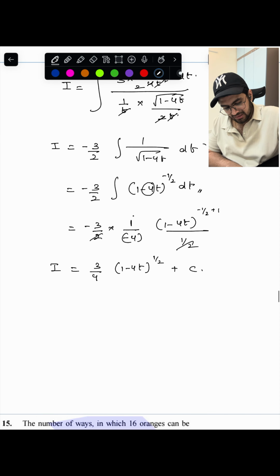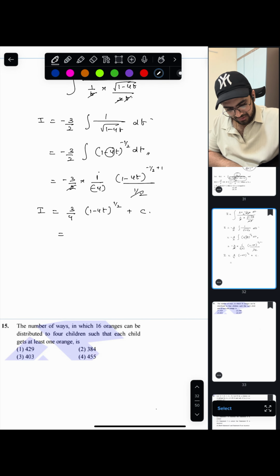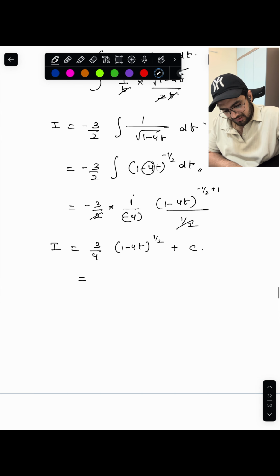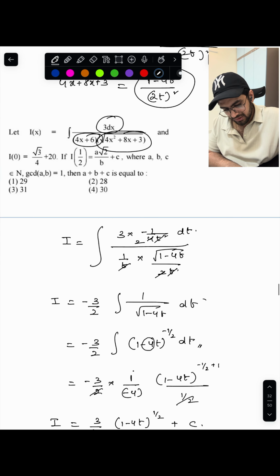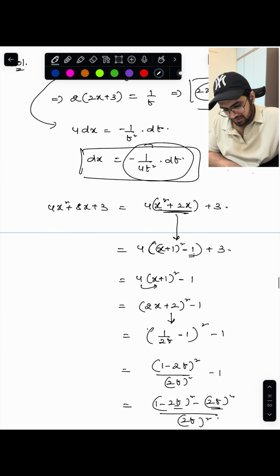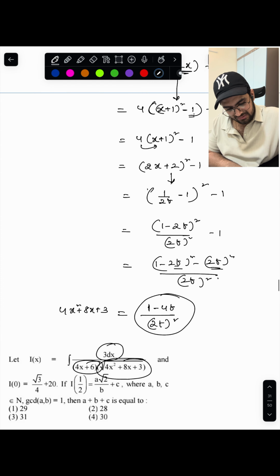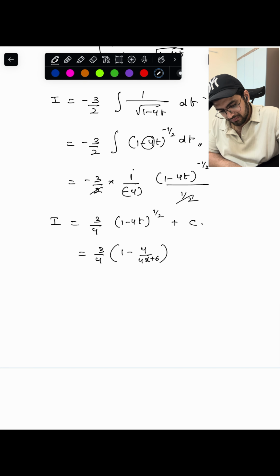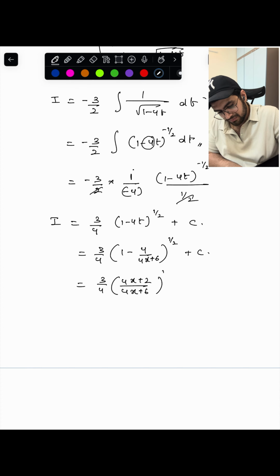So what is this t? We have already substituted here 3 by 4, 1 minus 4t. So 1 minus 4t means 4 by 4x plus 6, whole power 1 by 2 plus c. So 3 by 4 times of 4x plus 2 by 4x plus 6 whole power 1 by 2 plus c.